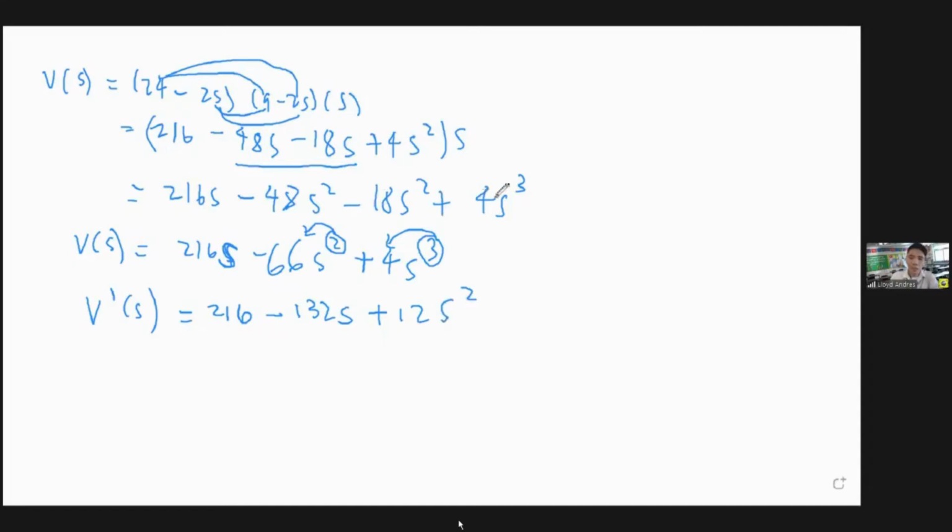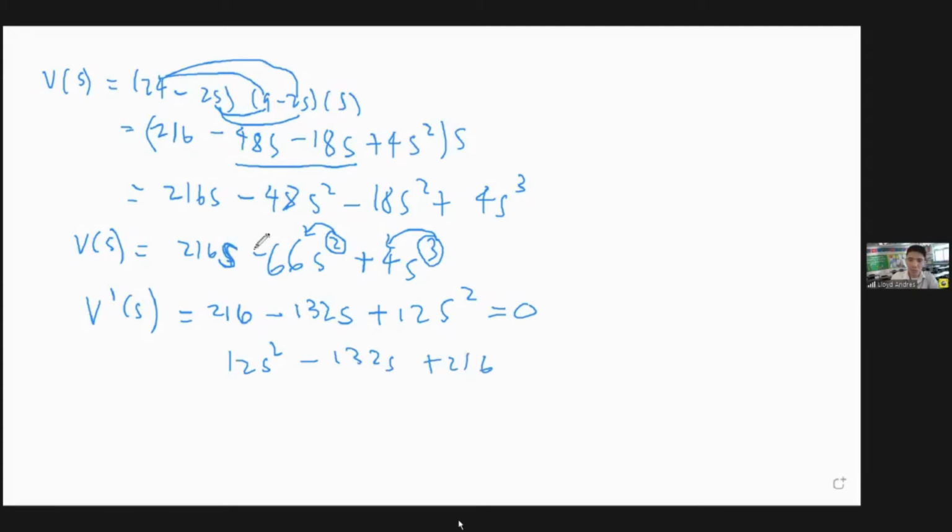Then equate it to 0 to solve for the critical value. So how do we solve for the critical value now? We can arrange it to be more familiar: 12s squared minus 132s plus 216 equals 0.